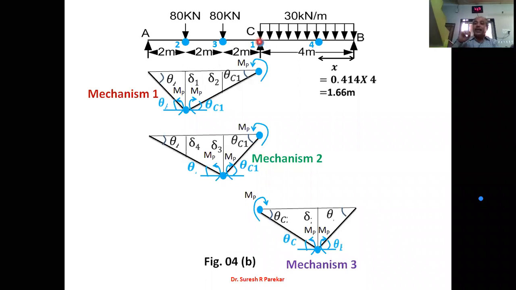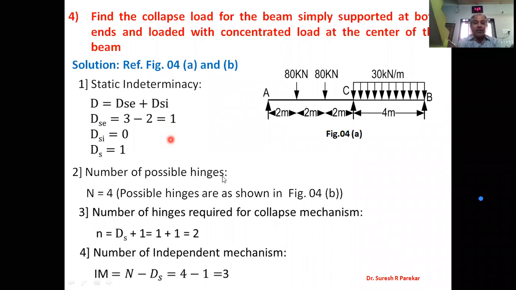After the second, if I increase the load a little, my structure will fail. It will not go to the third hinge, because the number of hinges required for collapse is 2 only.